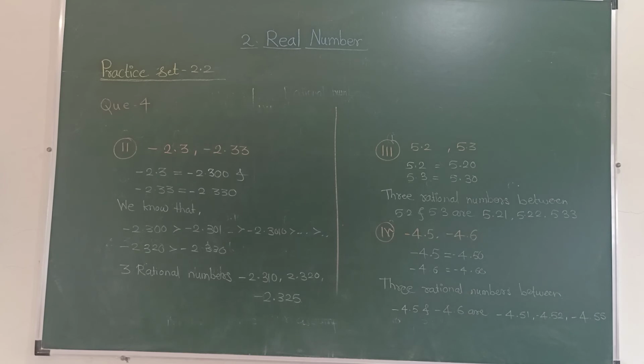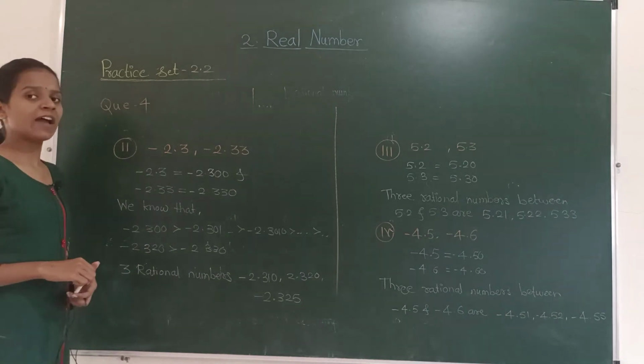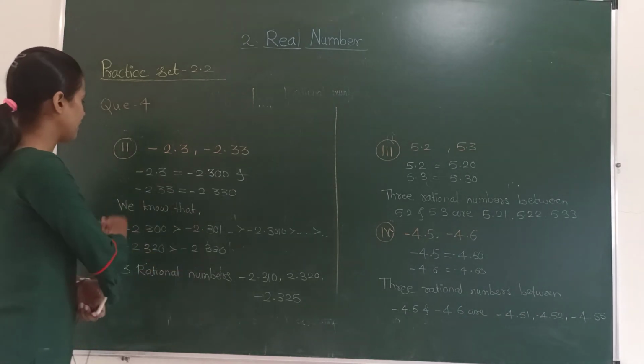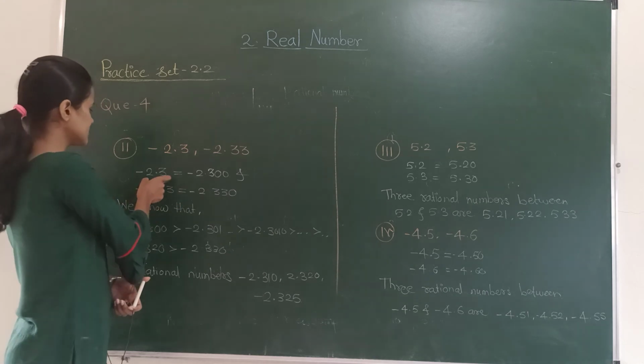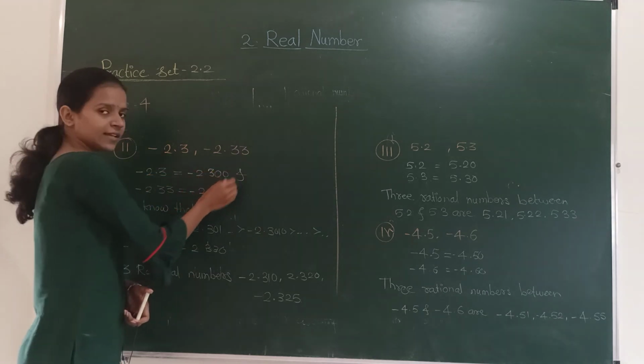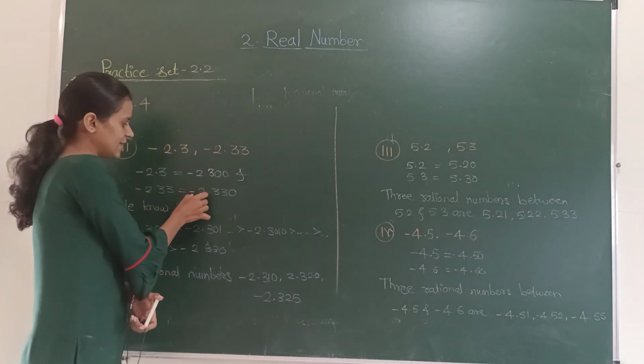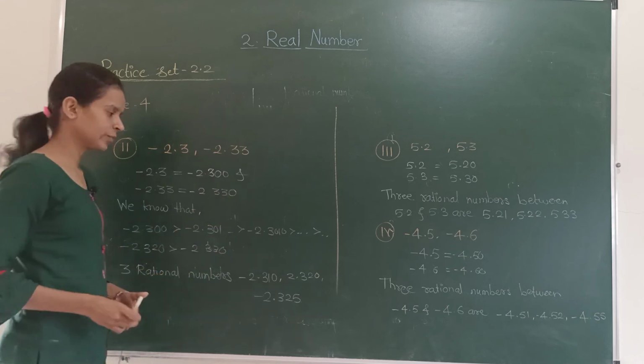See question number 4, second sub question. We have to find three rational numbers between the two numbers given. You can use both the methods. I have told you both methods. Now I will tell you just the answers. Minus 0.3 you can write as minus 0.300, and minus 0.33 you can write as minus 0.330.